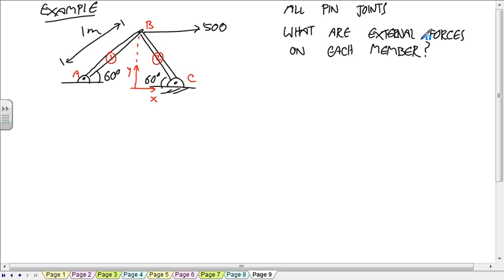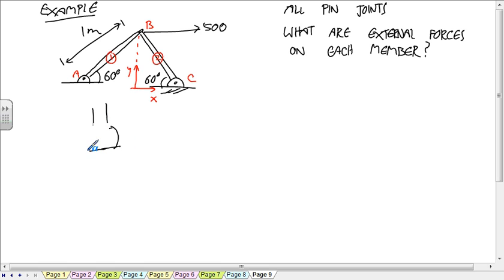So the way I'm going to do this is, if you think of a pin joint as, so there's one member over here and another member here. Let's see. This is a terrible drawing. Let me fix this.